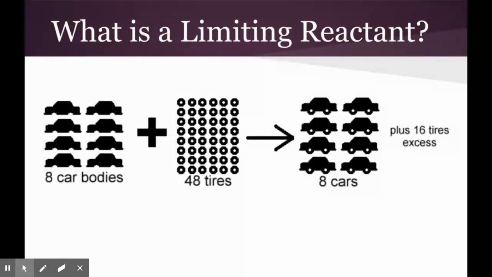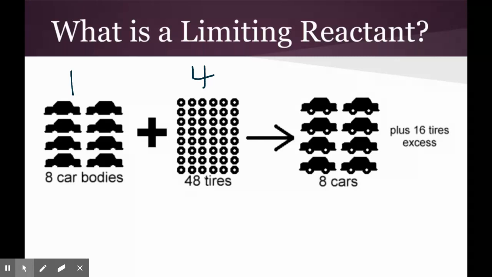All right, so if we look at this in terms of cars, if we have 8 car bodies and 48 tires, we want to figure out how many total cars we can make and what our limiting reactant is. So for each car, you need 1 of the car bodies and you need 4 tires to make a total car.